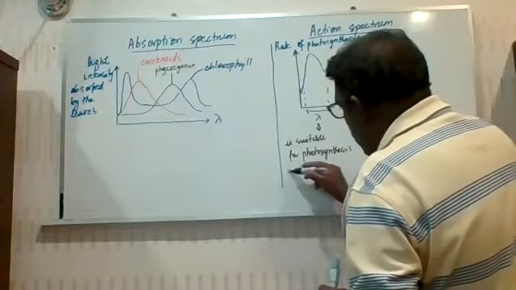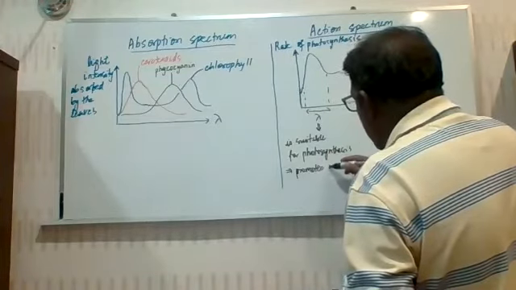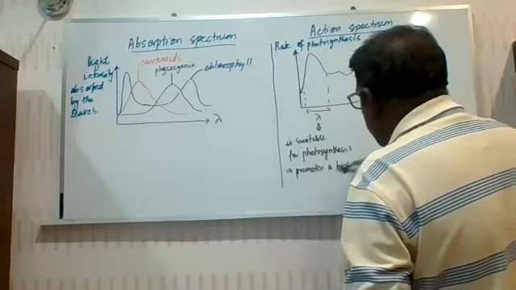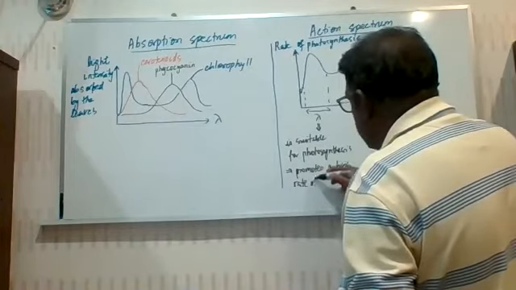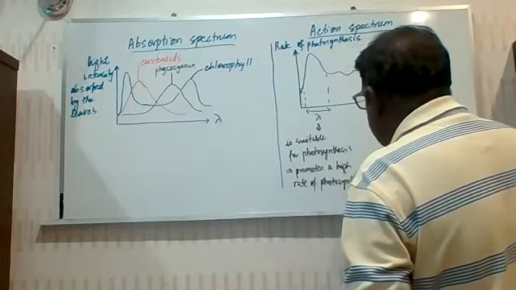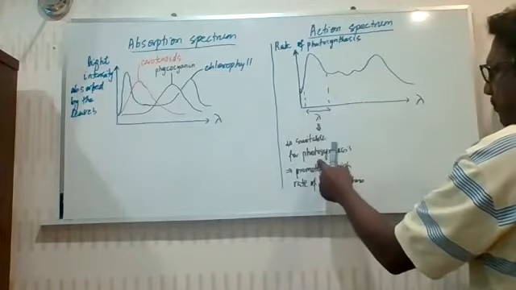Why? Because it promotes a high rate of photosynthesis. You can see for yourself that the photosynthesis rate is one of the highest there, so definitely this lambda must promote photosynthesis.